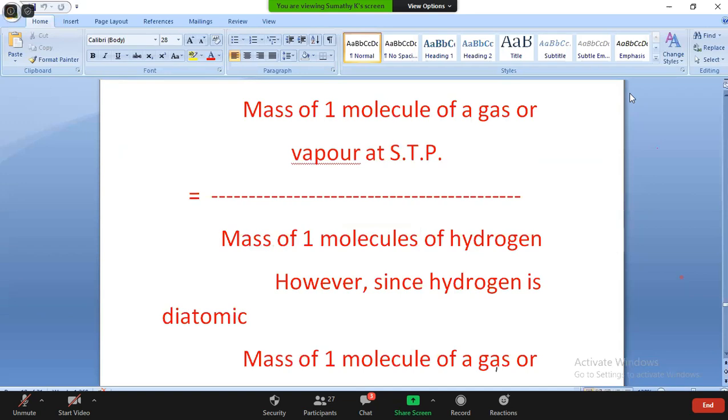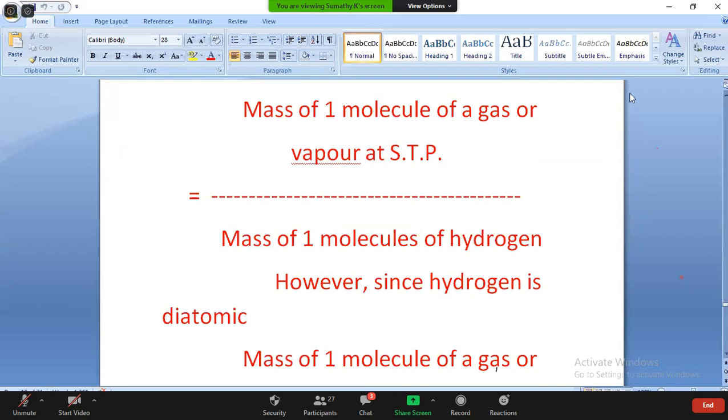Now we change that with the vapor density. Mass of n volume is changed into 1 molecule of the gas or vapor divided by the mass of 1 molecule of the hydrogen.